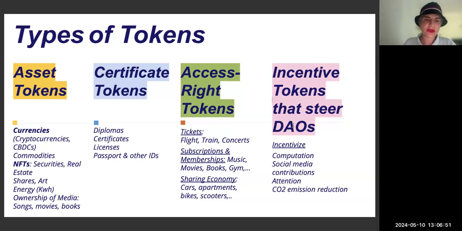It's very important to recall that tokens can have different rights attached to them. They can represent a property right, therefore be an asset, but if they are designed to steer a decentralized network like the Bitcoin network, there are also incentive tokens of the network, or what I like to refer to as purpose-driven tokens.